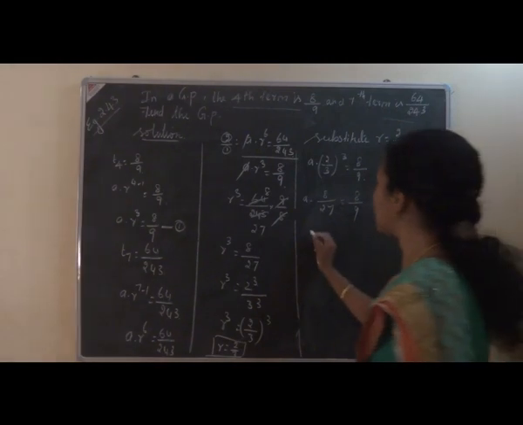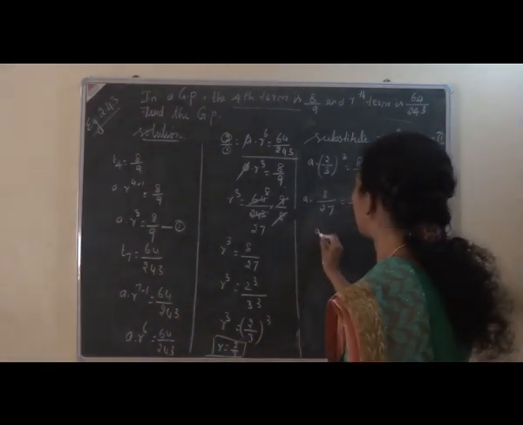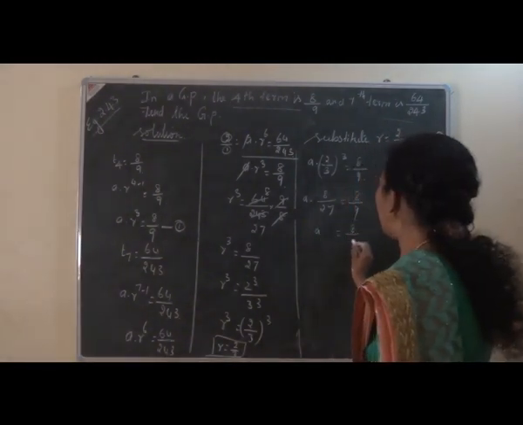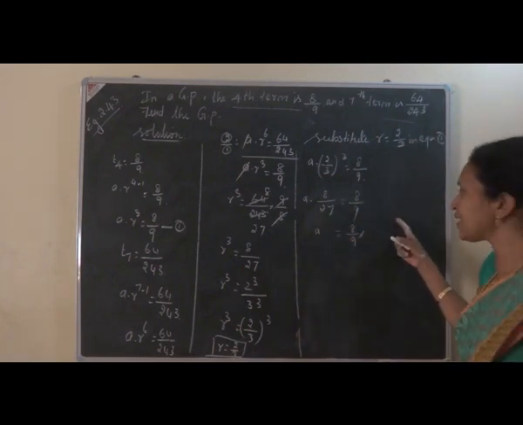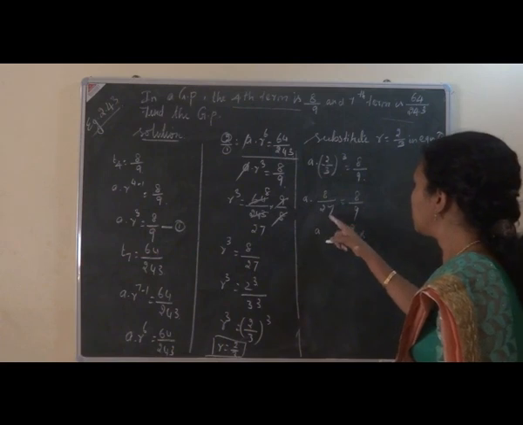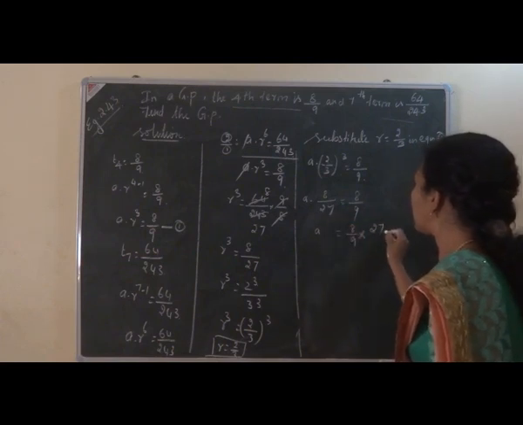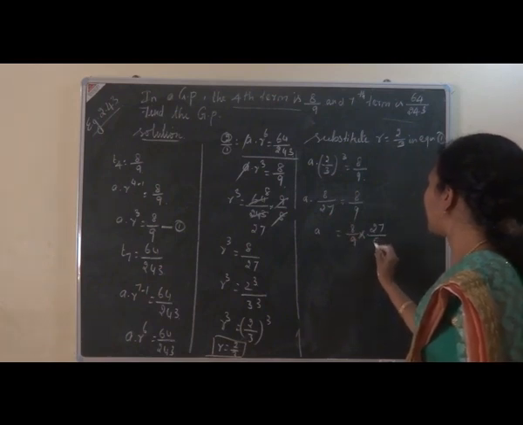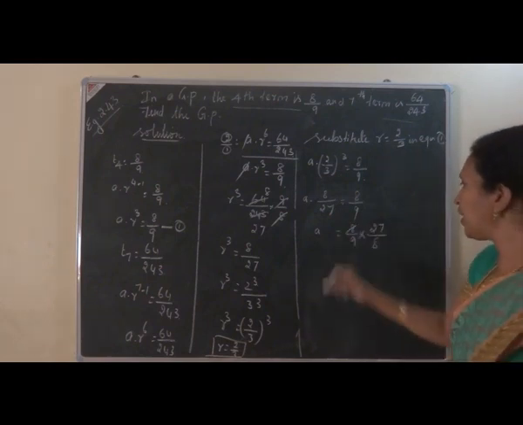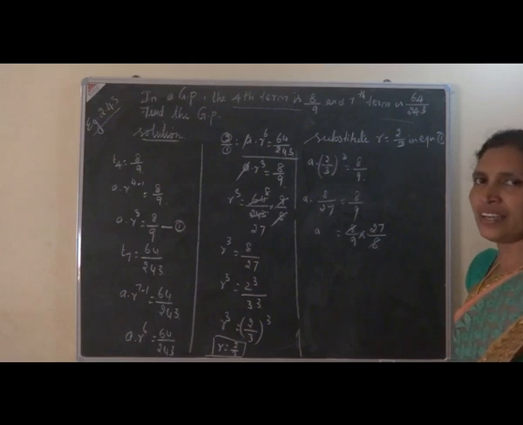So a equal to 8 by 9 into the reciprocal of 8 by 27, that is 27 numerator and 8 denominator. 8 and 8 cancel.